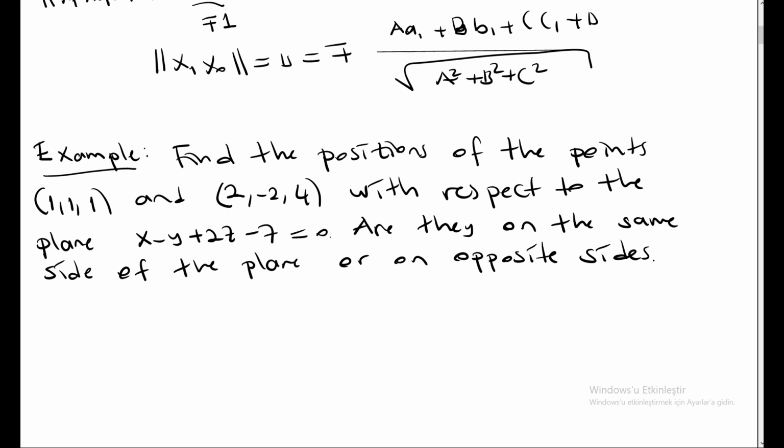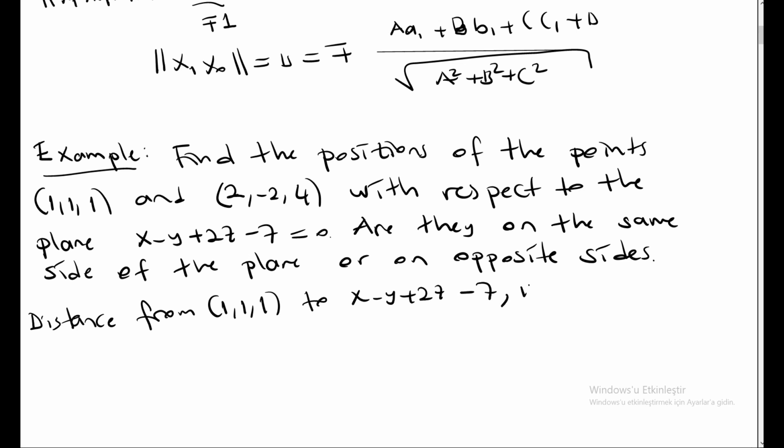Okay, first let me check the distance. So distance from 1, 1, 1 to the plane x minus y plus 2 times z minus 7. So let's say u1.